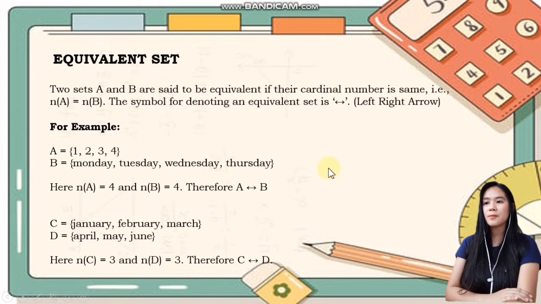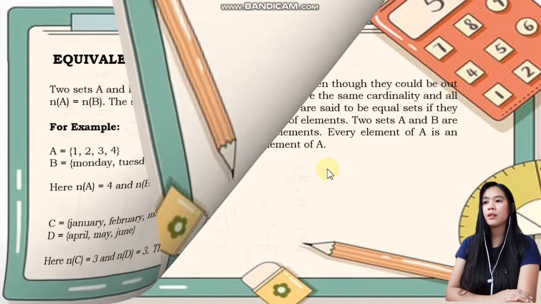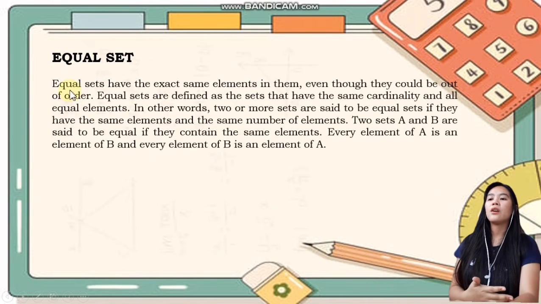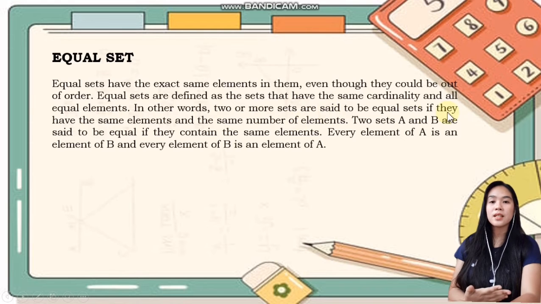So another type of set is the equal set. So, ano nga ba ang equal set? Equal sets have the exact same elements in them, even though they could be out of order. Equal sets are defined as sets that have the same cardinality and all equal elements. In other words, two or more sets are said to be equal sets if they have the same elements and the same number of elements.